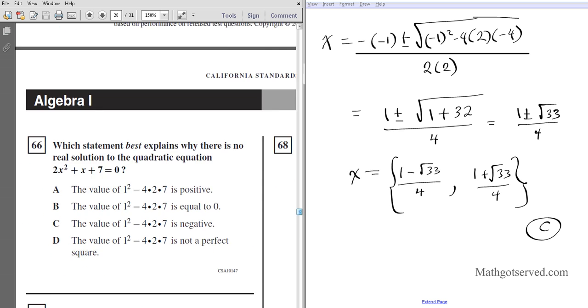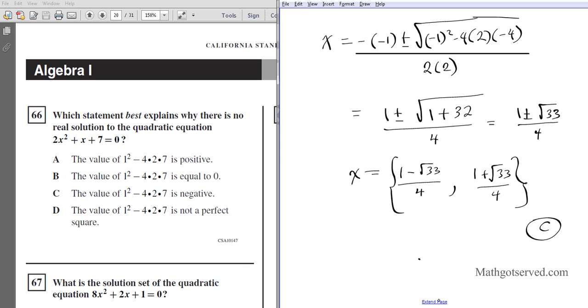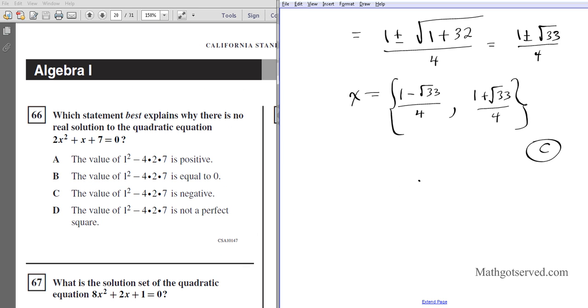It says, which statement best explains why there is no real solution to the quadratic equation 2x squared plus x plus 7 equals 0? Well, if a solution isn't real, then it's imaginary, right? What causes a solution to be imaginary is whenever you're taking the square root of a negative.